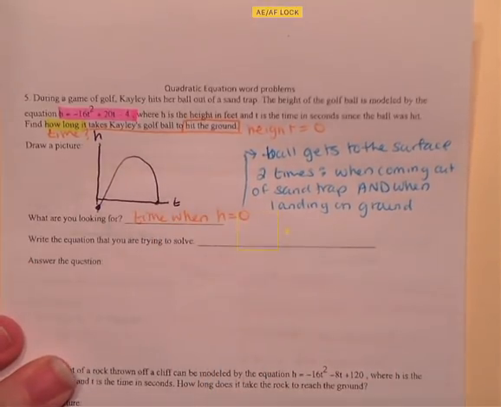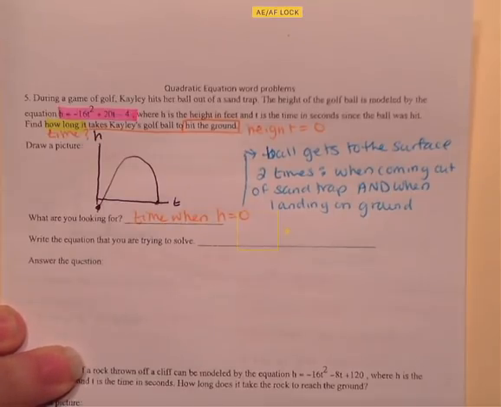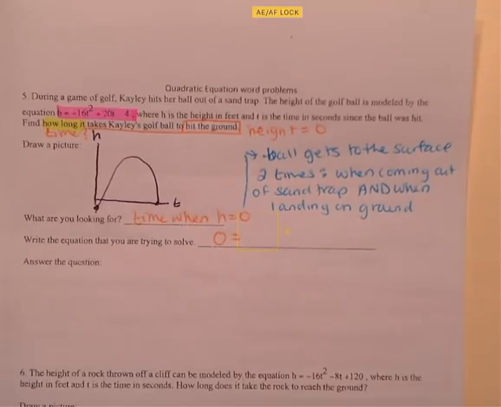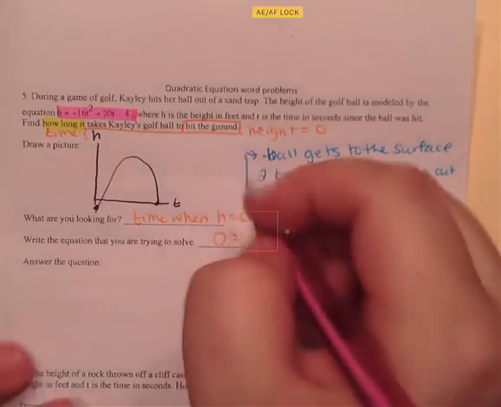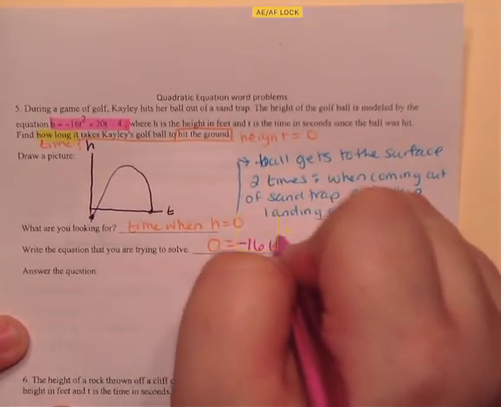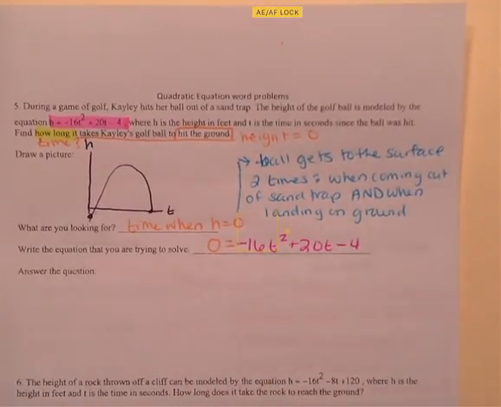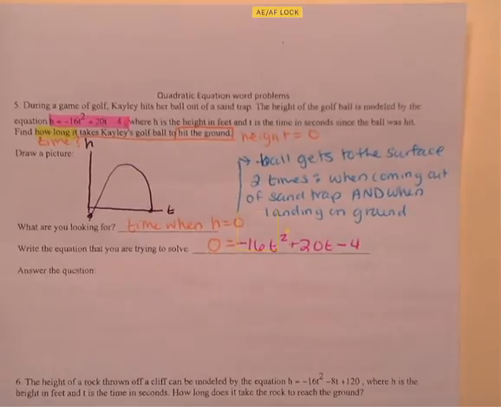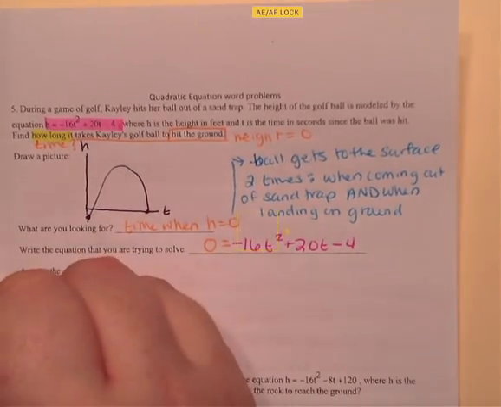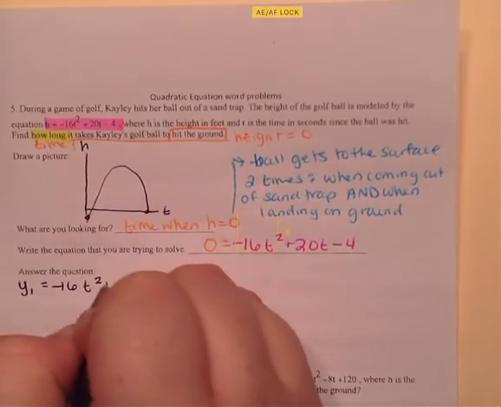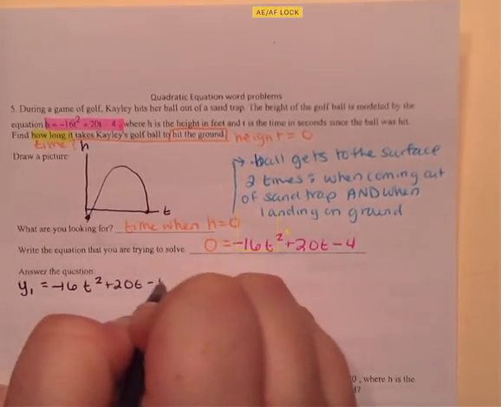So our equation that we can still write, we do have our H is 0, so we can put 0 equals, and then we'll put the rest of the equation: negative 16 t squared plus 20t minus 4. We can again use our calculator. Y1 is going to be our negative 16 t squared plus 20t minus 4.